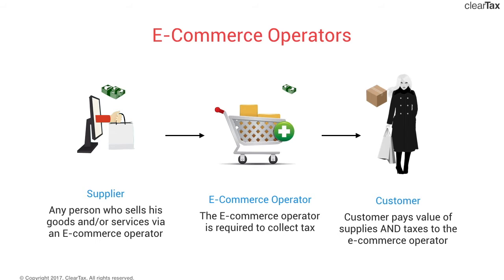So basically how it works is, across a period, the e-commerce operator will have to pay the sales receipt to the supplier. From this sales receipt, which is the net value of taxable supplies, the operator has to deduct 1% and then pay the remaining back to the supplier. Now, there's this logic involved. E-commerce operator is collecting tax, and so he is required to be registered.